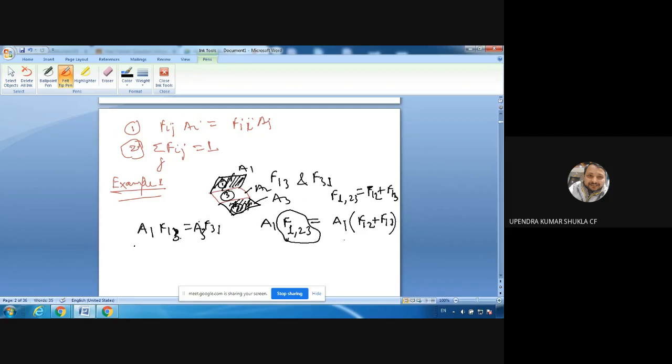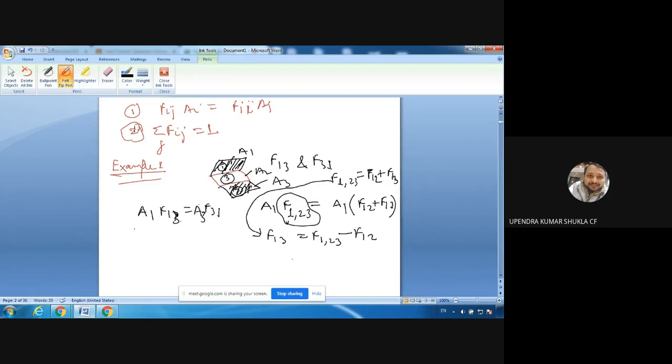So we can write this. Now F13 is equal to F123 minus F12.